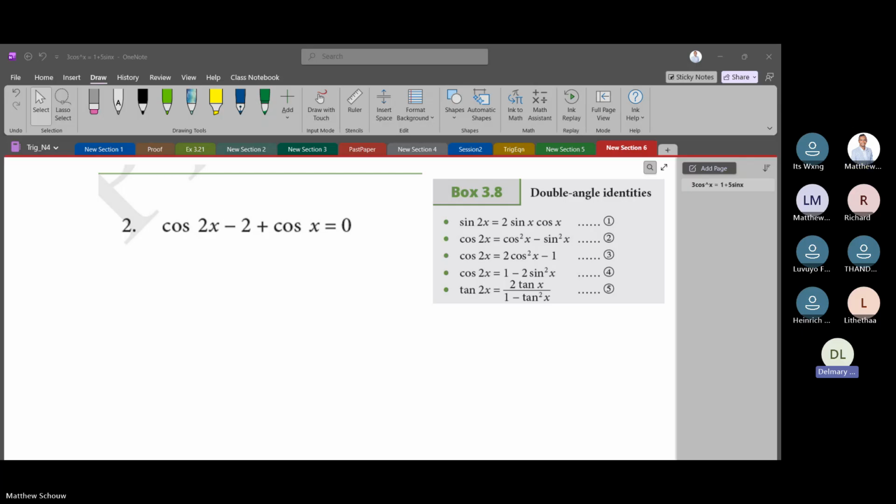0 and 360. 100%. Well done. Anyone else?